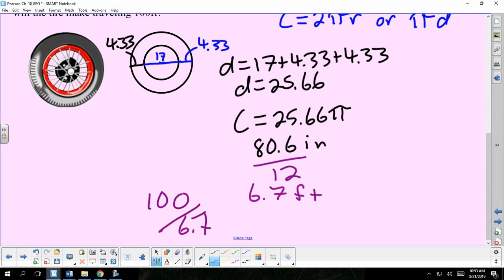And I get 14.9, or about 15 revolutions.